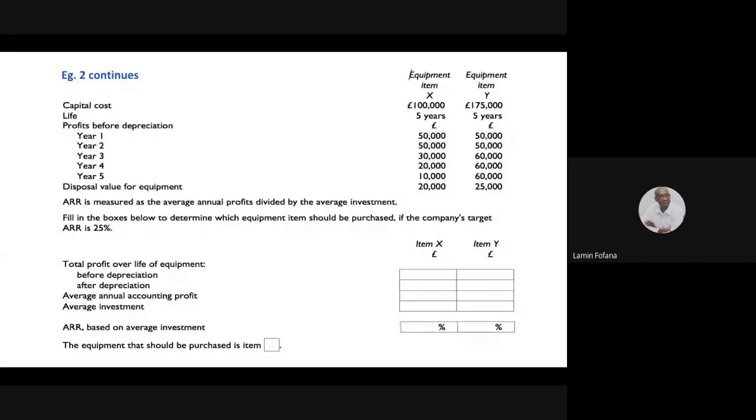Everybody, are we together? So first, I want to ask, what profits are given in this question? Are they cash flow or are they accountant's profit? They are cash flows. Okay, we agree.